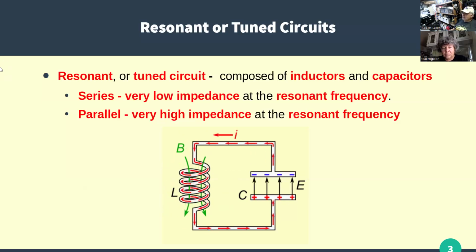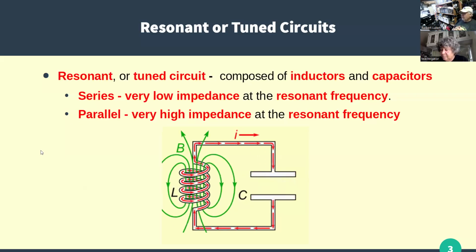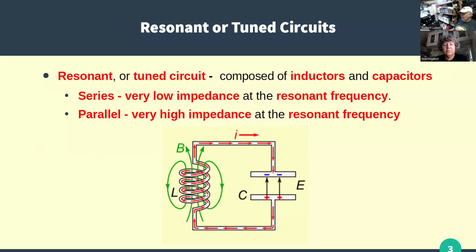1 over 2 pi times the square root of LC. So the important thing to remember, we can have a series or a parallel resonant circuit. In this case, it's a parallel one. I think the next chart might have a series.